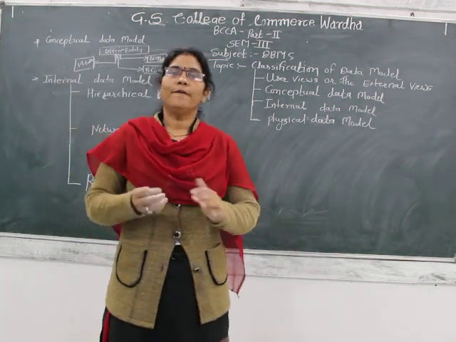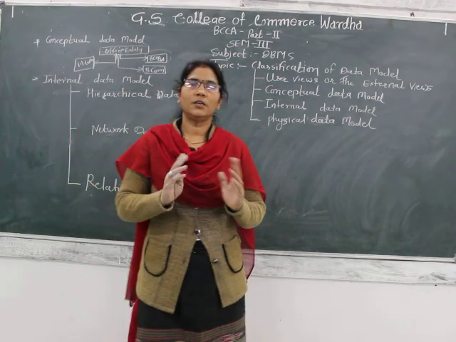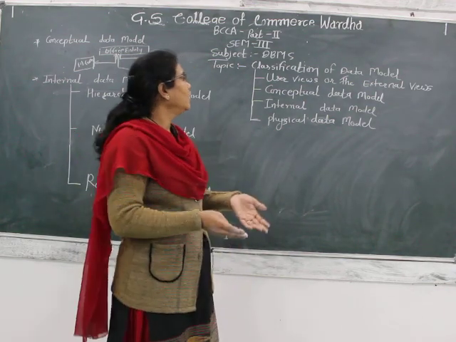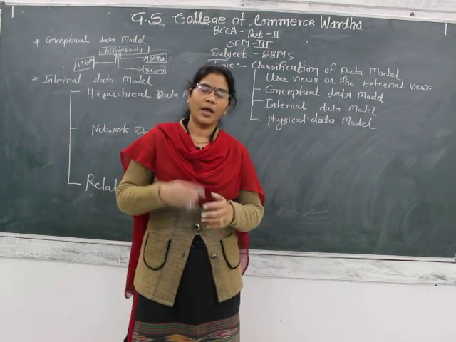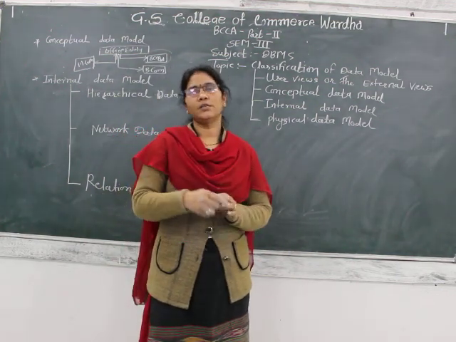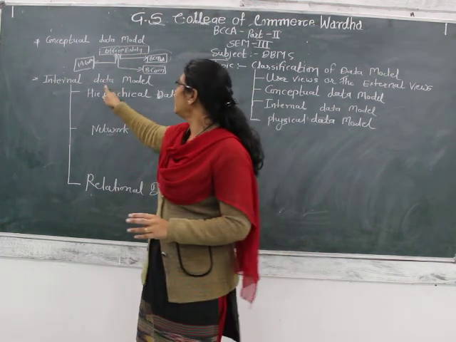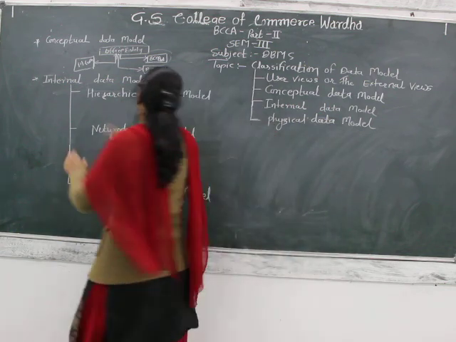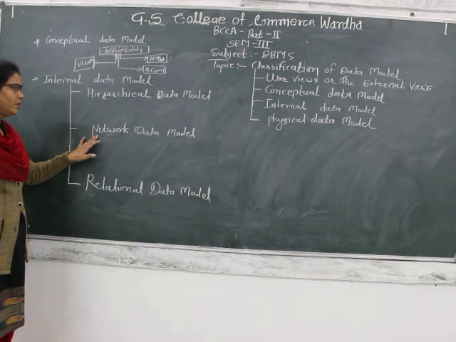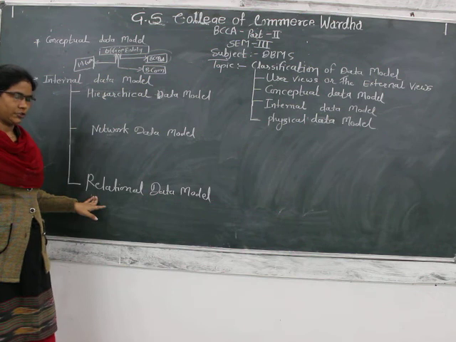Basically, when we design the external views, after that we have to design the consolidated view, and after that we have to map our conceptual data model into the internal data model, which is one of the three data models: hierarchical, network and relational.